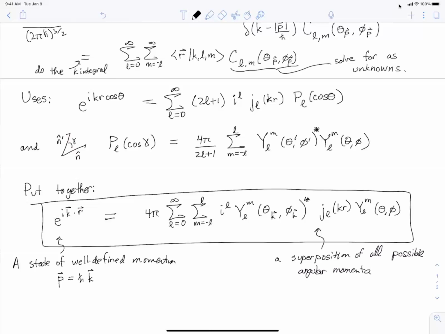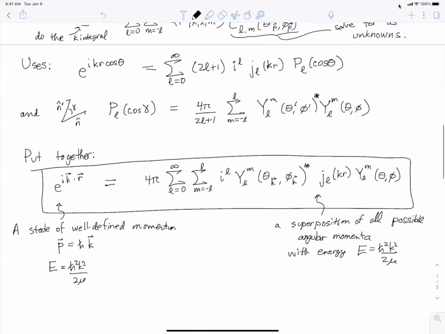Okay, with the same energy, E equals h bar squared k squared over twice the mass, and same on the left-hand side. In both cases, that's the well-defined energy.